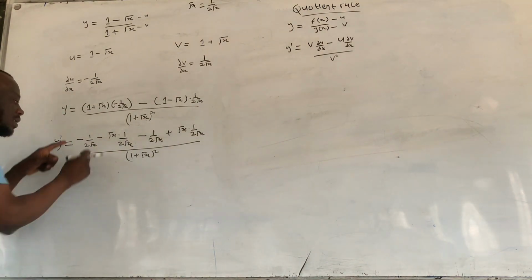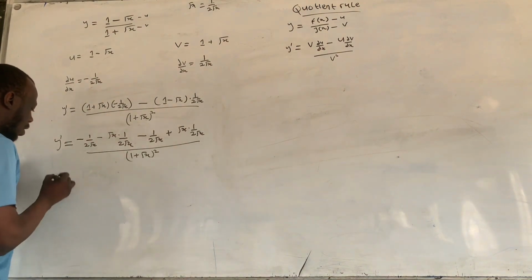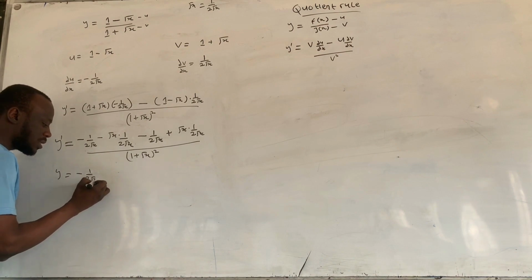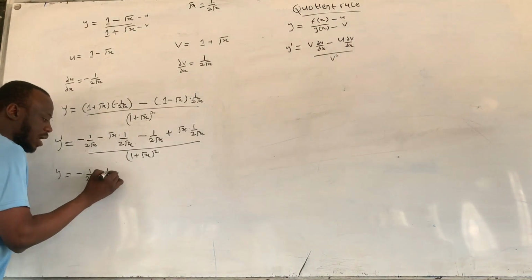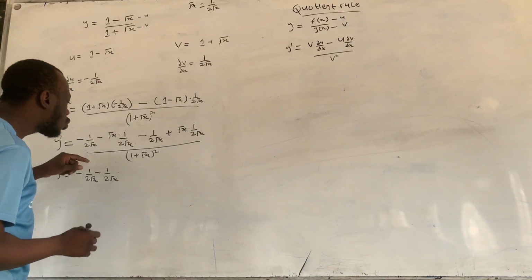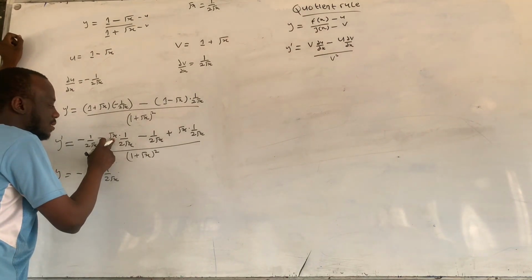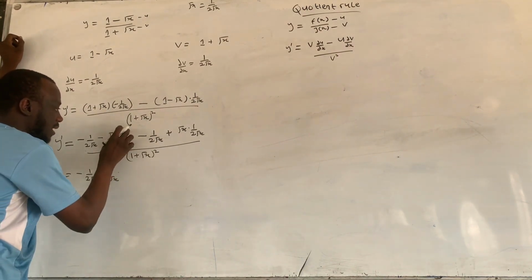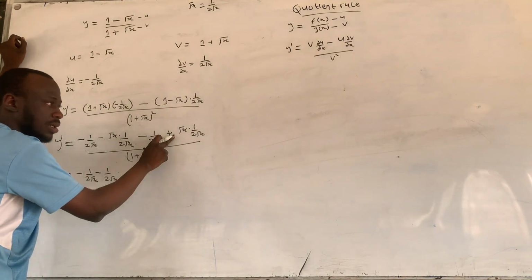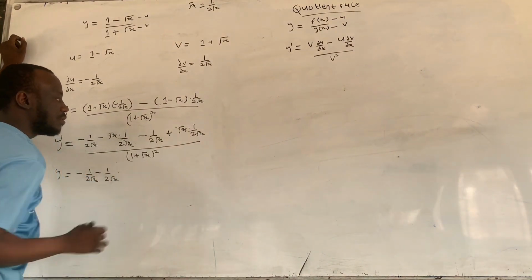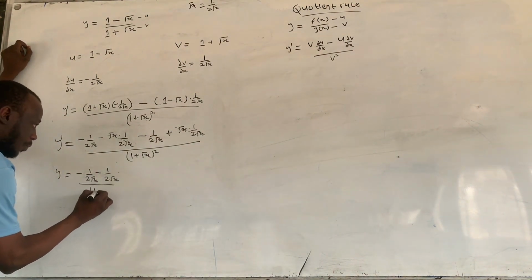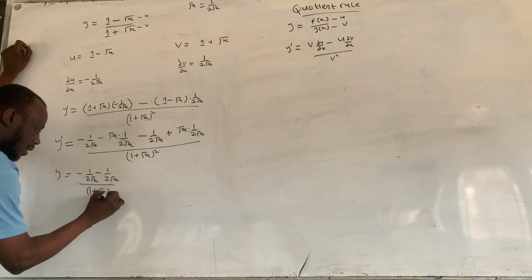So now these two are common. We have minus 1 all over 2 root x, again minus 1 all over 2 root x. Now these root x terms can cancel out, because they are the same, all over 1 plus root x squared.